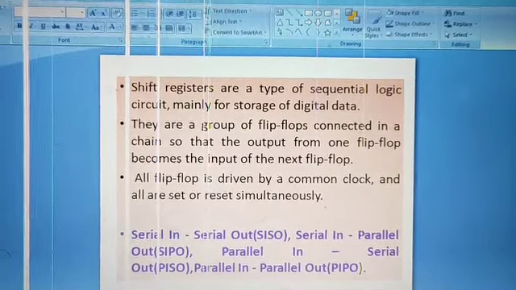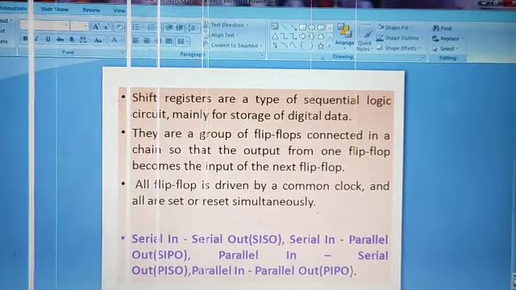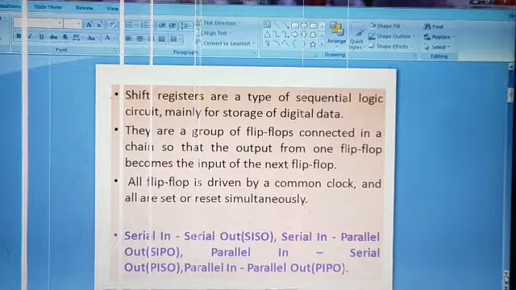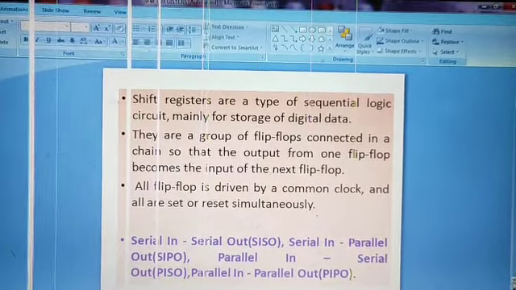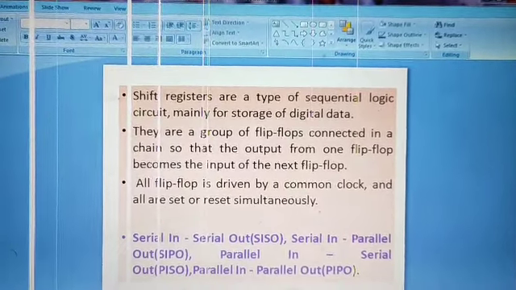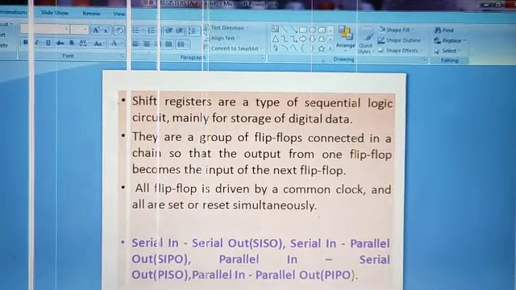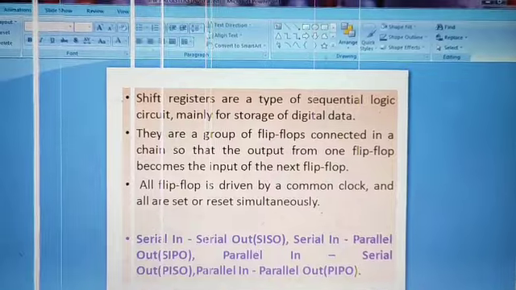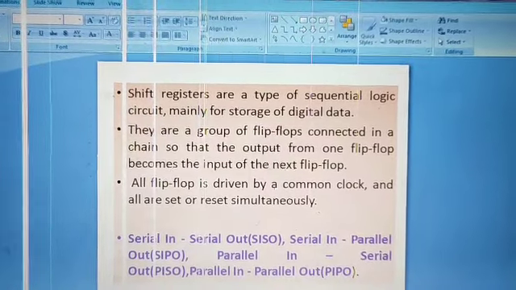Now even if you remove the clock signal, that 0 will remain there. Now if you change the input of the D flip-flop to 1, and then apply the clock, if you don't apply the clock, nothing will happen.